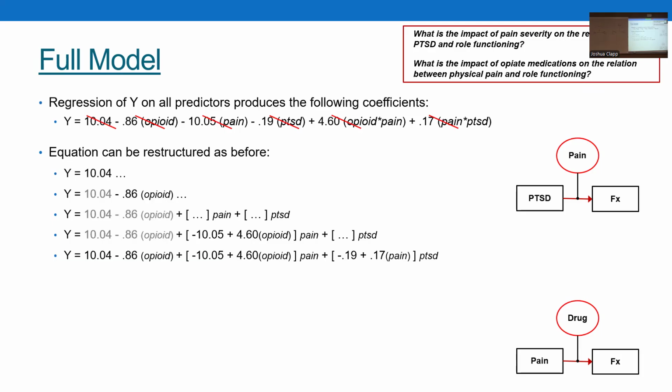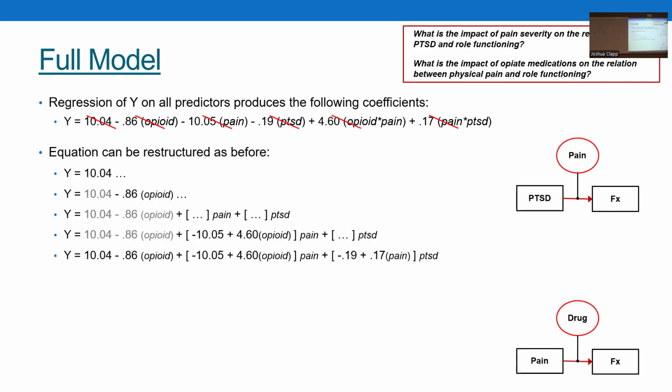If I'm going through and I'm saying, okay, let's say this is the solution that I've come up with. Okay, I think I refactored this, right? Well, go through and check and say, okay, well, it's 10.04 minus 0.86 opiate use. And then this is just basic algebra, right? I've got 10.5 times, negative 10.5 times pain, right? If I multiply that out, right?